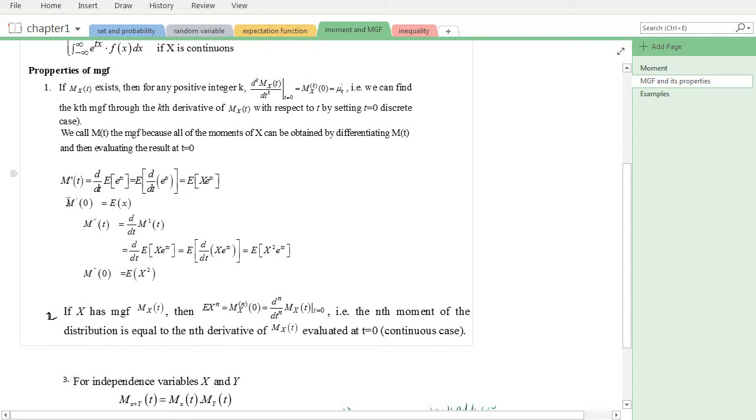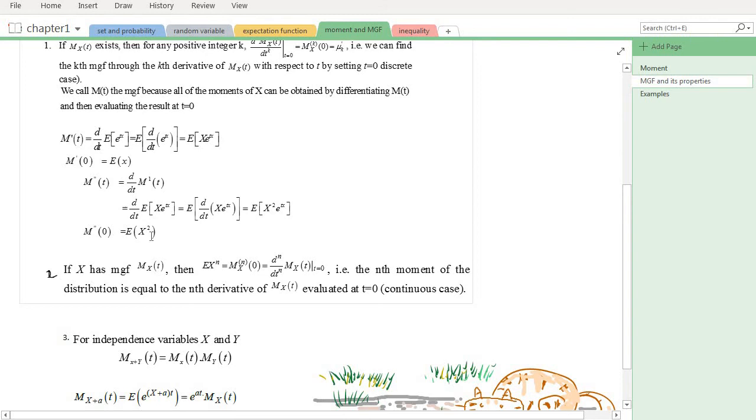For example, if we want to find the first moment, then we just need to take the first derivative by setting the value of t equal to 0. Then it will give us the first moment. The first moment is E(X), or the mean. And then to find E(X squared), we need to take the second derivative and then set the value of t equal to 0. Then it gives us the second moment.